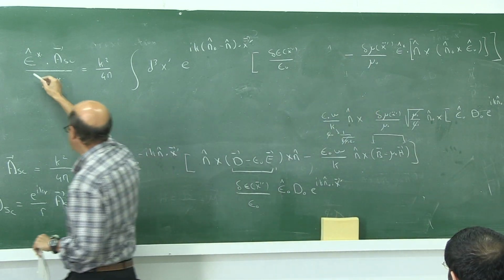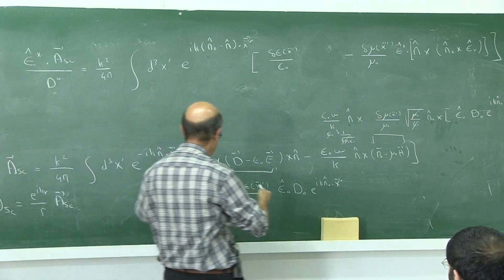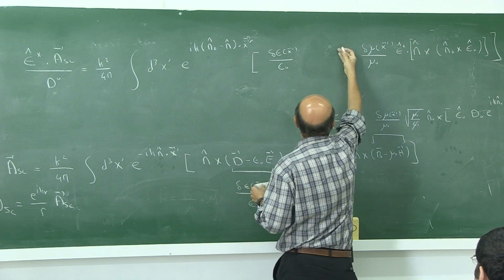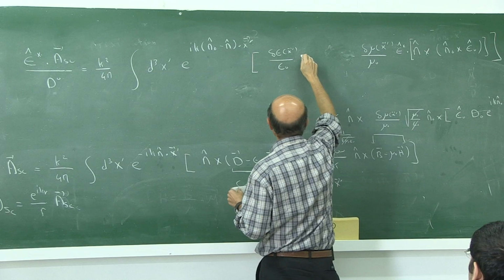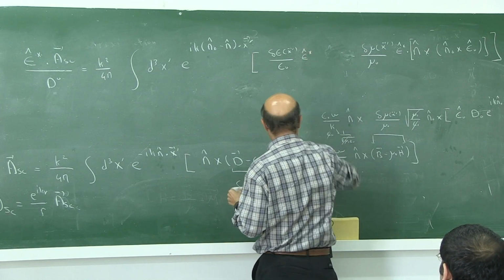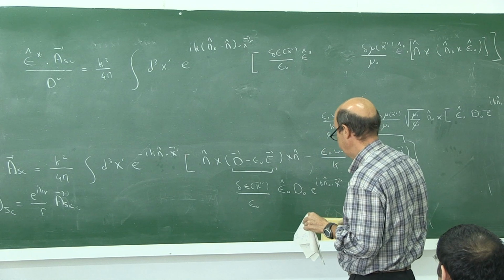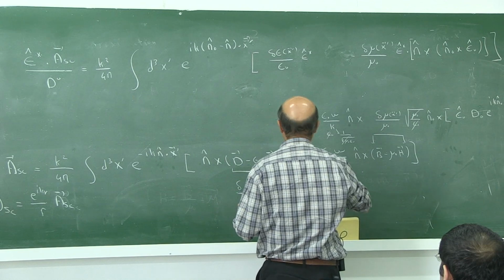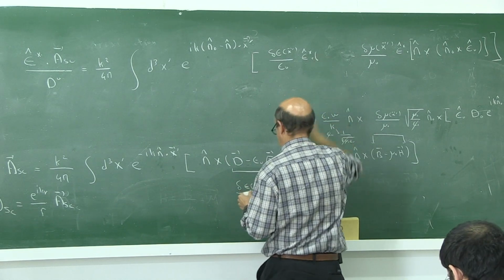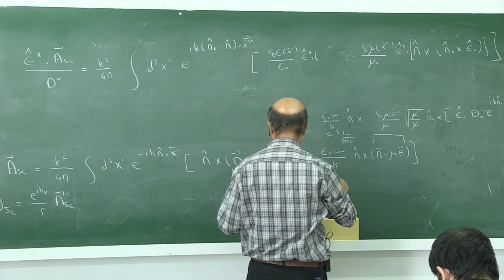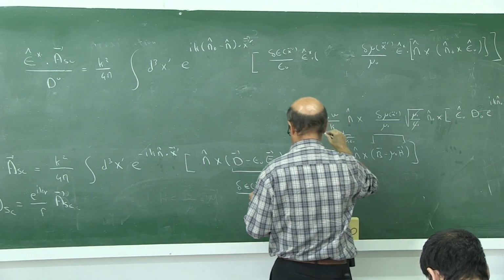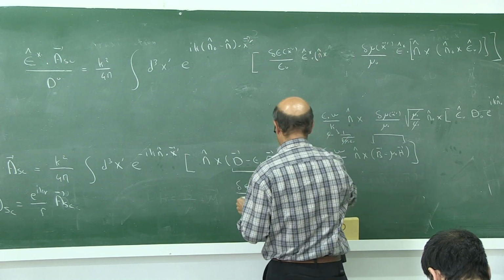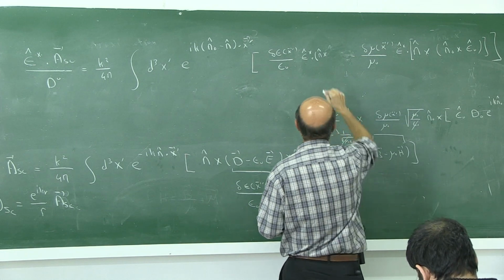So this epsilon complex conjugate dotted with what? n cross epsilon 0 cross n.